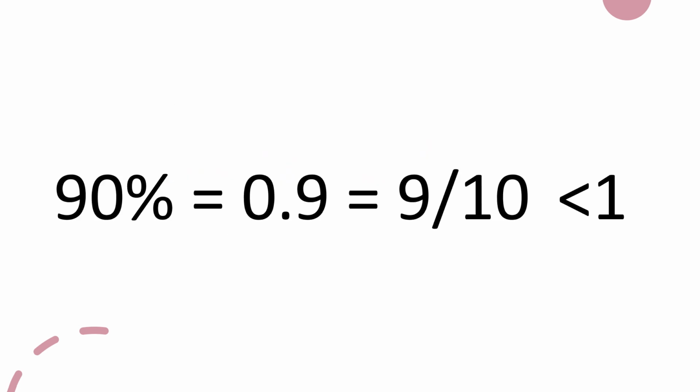For example, 0.9 would be less than a whole, as would 90% or 9/10. Because we know that the whole is 100% or 10/10 or 1.0, we can see that these are less than the whole. This is how we remember that when converting fractions or percentages into decimals, the answer is always less than the whole.